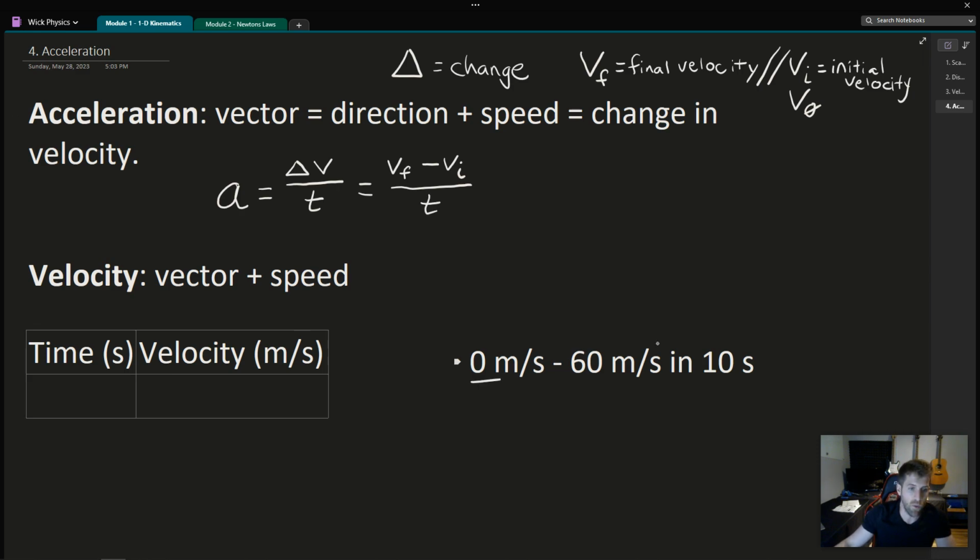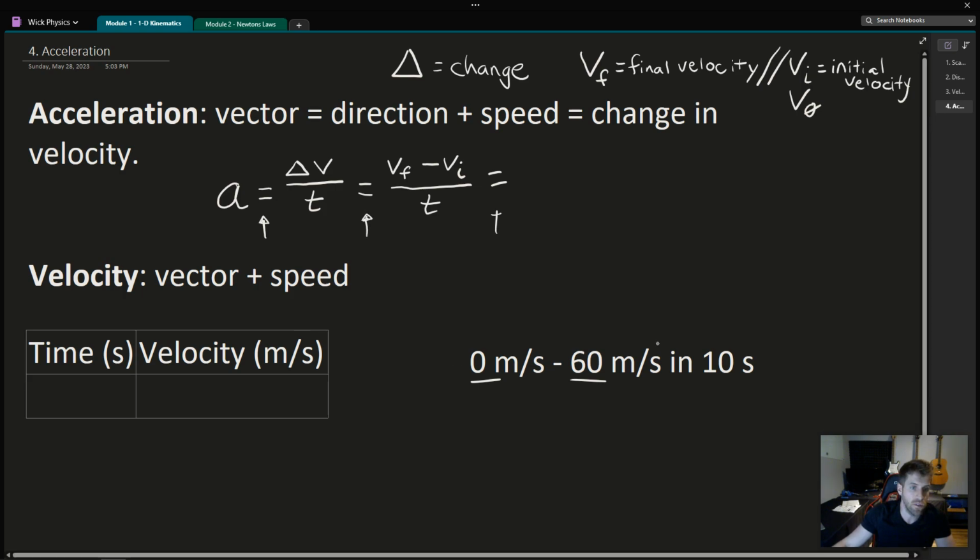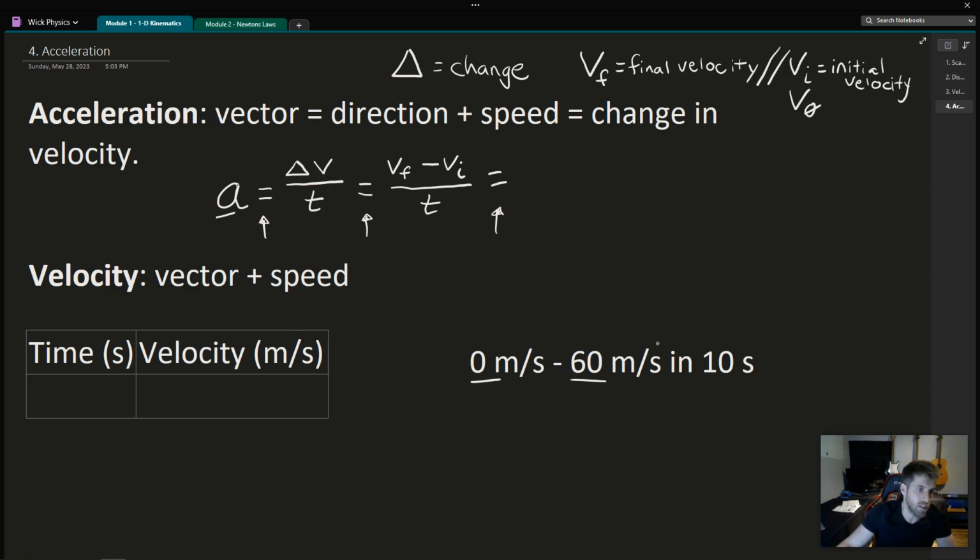Let's plug in what we have down here. So this is also, when I write these equals, equals, equals, well, this is all equal to this A, acceleration. So let's plug this in. So we have V final of 60 meters per second minus 0 meters per second, and we have 10 seconds.